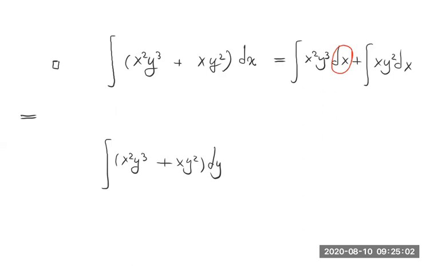Sometimes we just write the integral of x squared y cubed. But now it's essential to write dx because it might be dx, it might be dy. Here we are taking the integral with respect to x, so y is constant. So y cubed is constant, it comes out of the integral. So we get the integral of x squared dx plus, and here again, y is constant, so this y squared comes out of the integral.